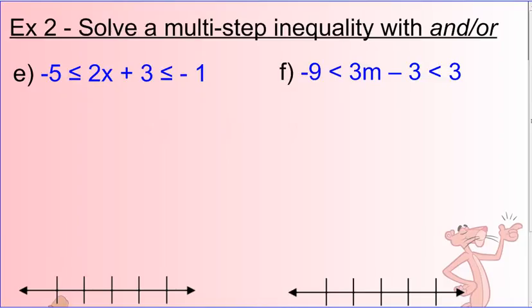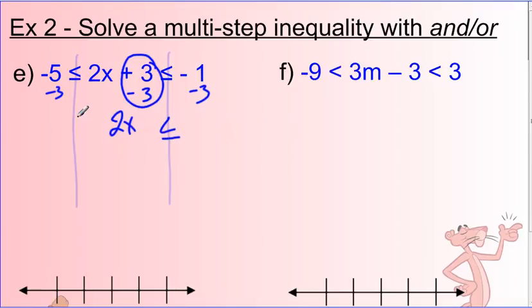So let's see here. So those are my dividing lines. And now to solve, we would minus 3, minus 3, minus 3. That gets rid of him. So we get 2x. This side, we get a negative 4.